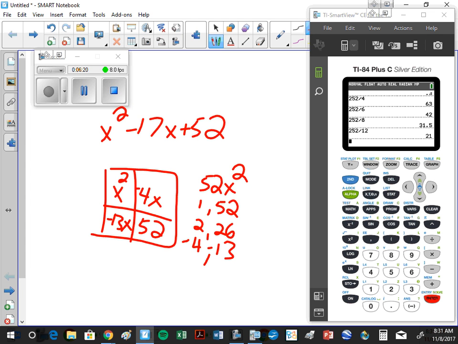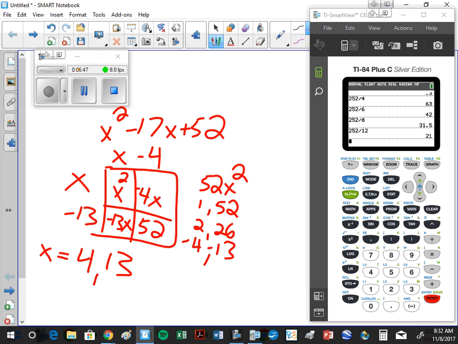What does the top row share? X. And if I take an x out of each of those, x minus 4. If I take an x out of each of these, I get x minus 13. So what are my roots? 4 and 13. Okay.